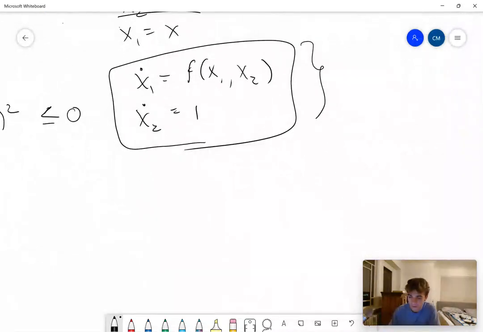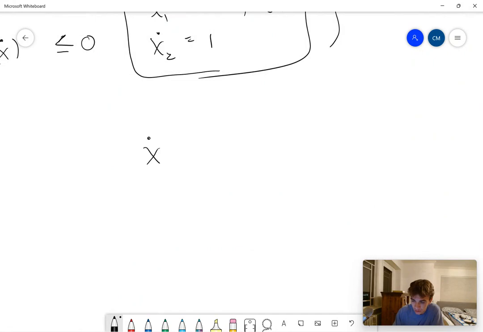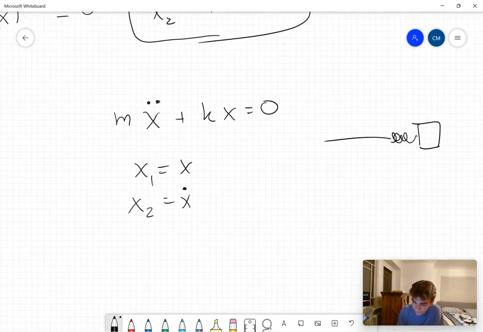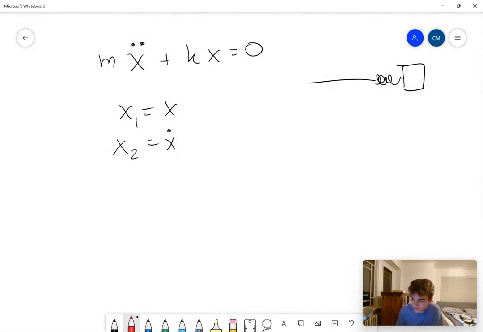It also shows up in higher degree equations. So if we have m x double dot plus k x is equal to 0, this is the familiar undamped oscillator spring mass system. In this equation, we can actually set x1 equal to x and x2 equal to x dot. Or the way that Strogatz expresses it, which I like, x2 is equal to x1 dot.